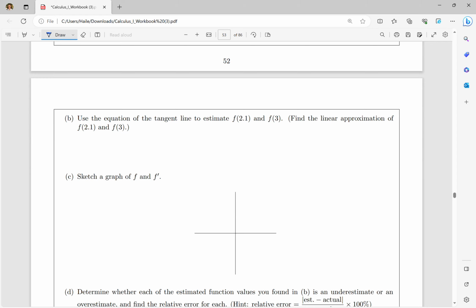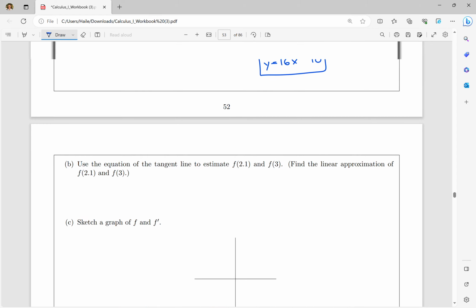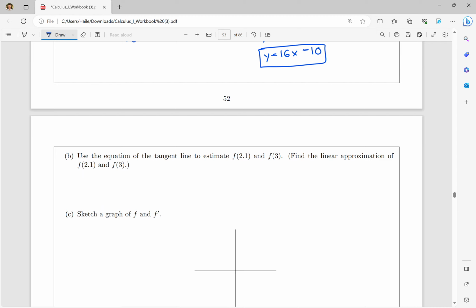So all this means is we take our equation of the tangent line and we plug in the desired x values. Just a reminder, that was y is equal to 16x minus 10, or really the way we should write this is f of x is approximately 16x minus 10.